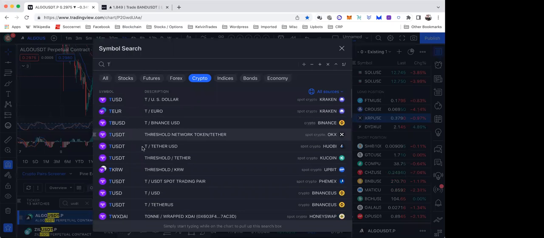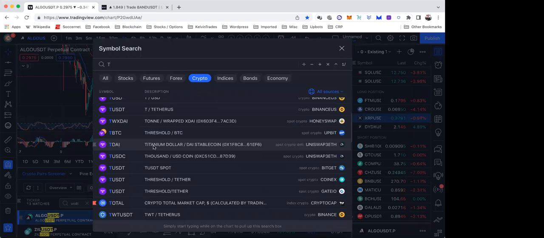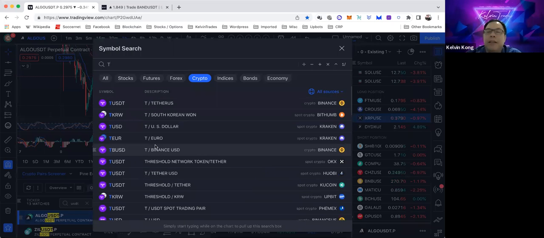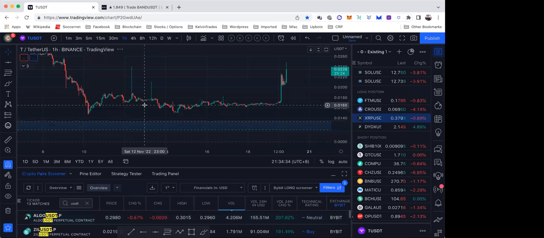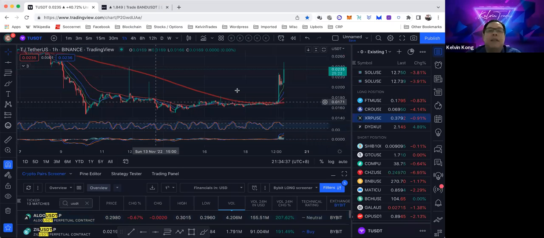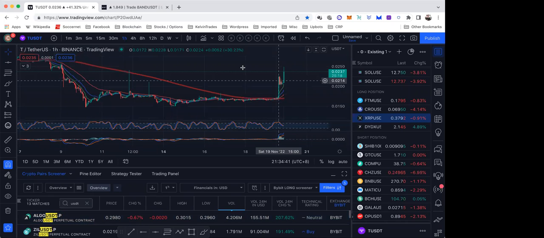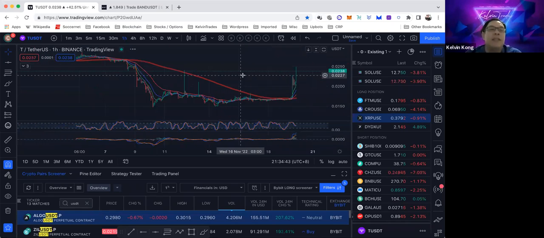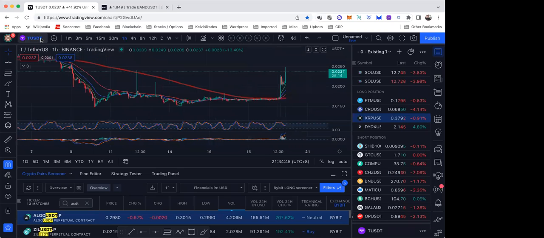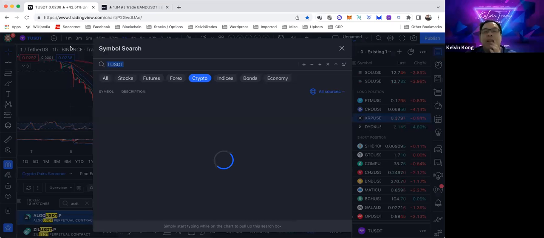It's not listed on Bybit, and I use Bybit. Oh, it's spot. Sorry, it's not a stable coin. I don't know what coin this is. It's a spot, ignore me.